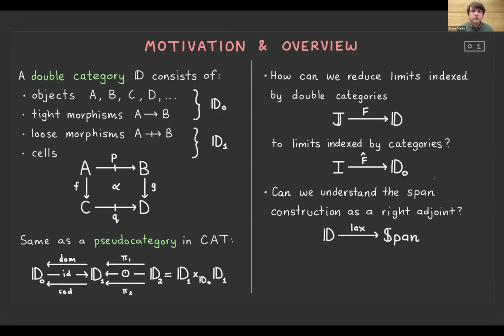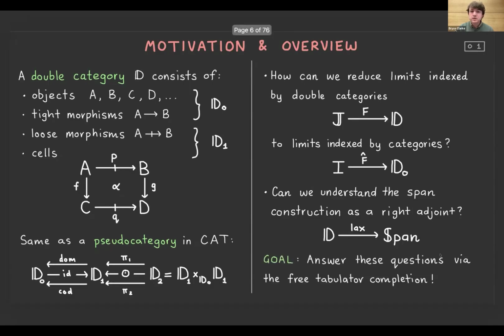We might like to do this for a variety of reasons. Perhaps one of those reasons is that we often want to consider, say, lax functors into Span. And if it was a right adjoint, we could transpose this to some other kind of data. How I want to answer these two questions is using the so-called free tabulator completion, and that's going to be the aim of the talk today.